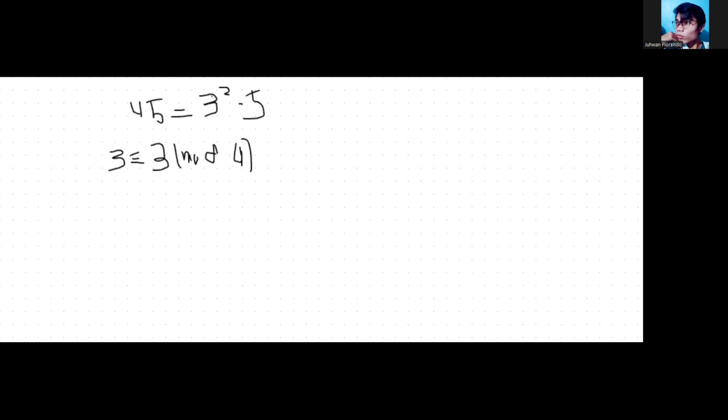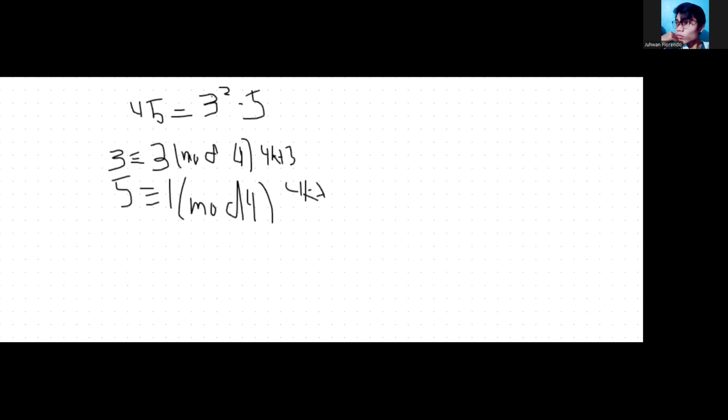So it is a 4k plus 3 type. Next is 5. 5 is congruent to 1 modulo 4. Why? Because if you divide 5 by 4, it is 1, remainder 1.